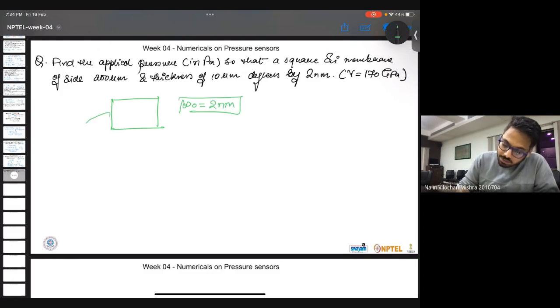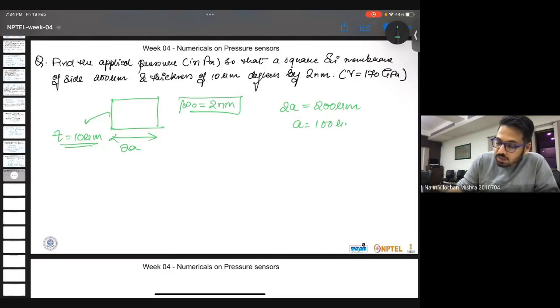The thickness of this square membrane is 10 micrometer. This side is basically 2a, so the value of 2a is given as 200 micrometer. From this we can calculate the value of a as 100 micrometer.